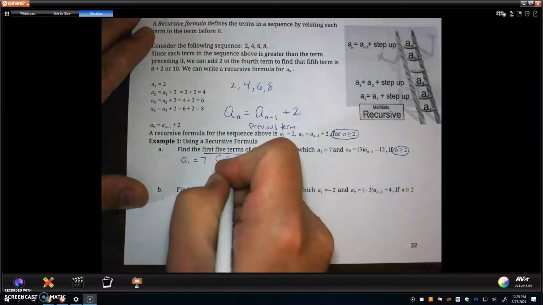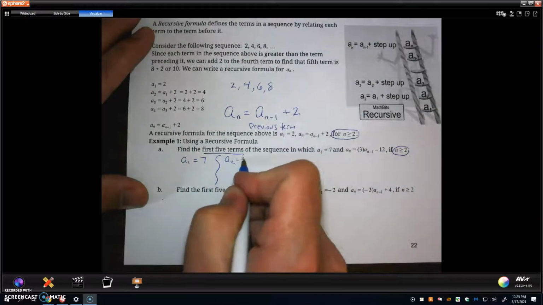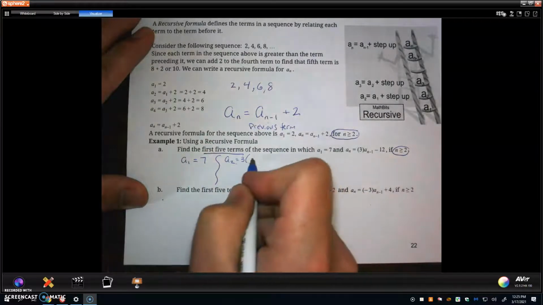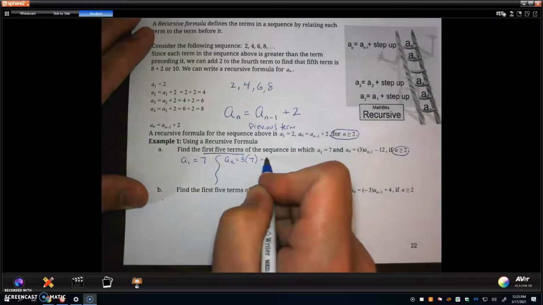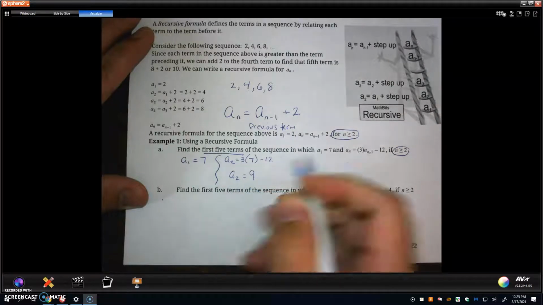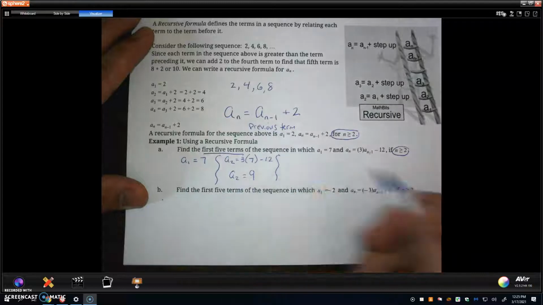So for a sub 2, this rule says to do 3 times your previous term. In this case, our previous term is 7. So 3 times your previous term, subtract 12. If you were to put that into your calculator, that's going to give you 9. So far, we have a sequence that has 7 and then 9. Now we're going to find the third term.